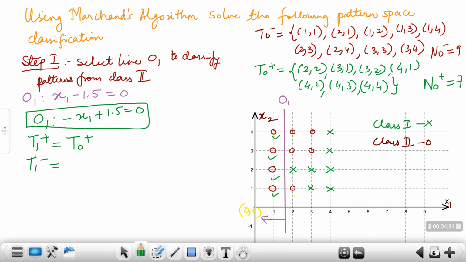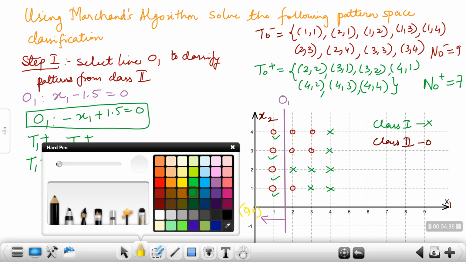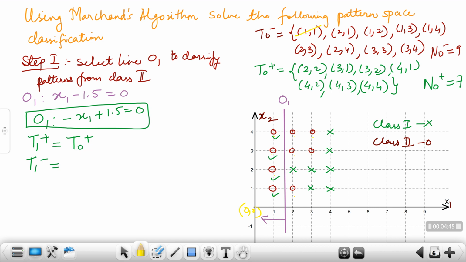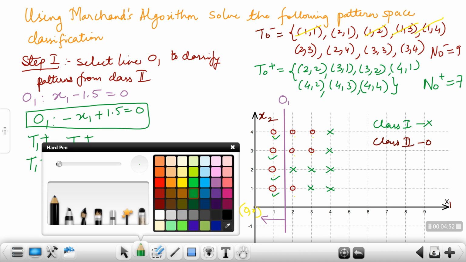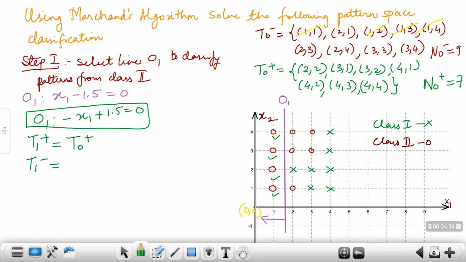T1 minus: which points are getting classified here? From T0 minus, these 4 points are getting classified: (1,1), (1,2), (1,3), (1,4). These 4 points get classified and then you are left with the remaining points.